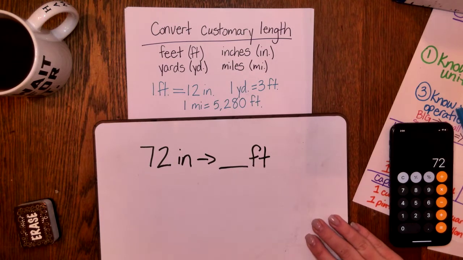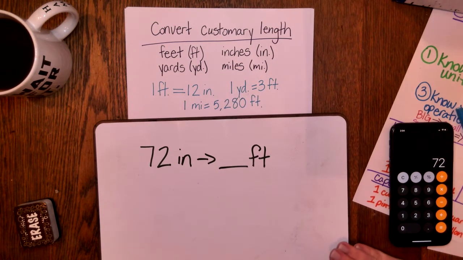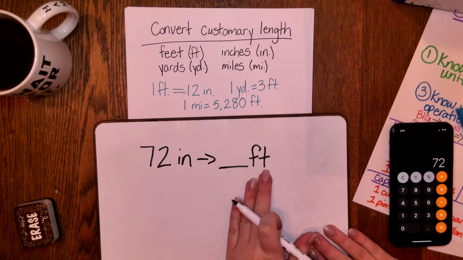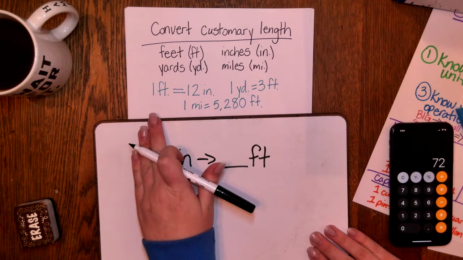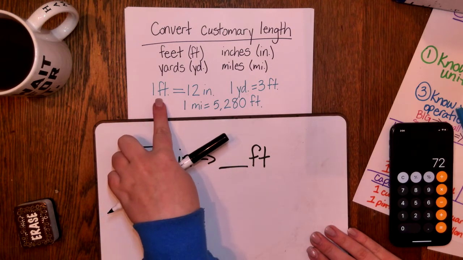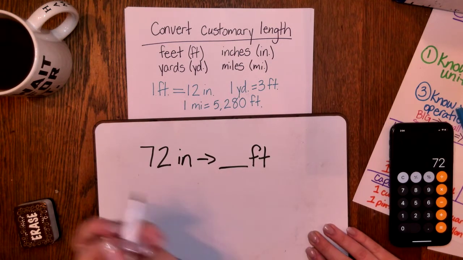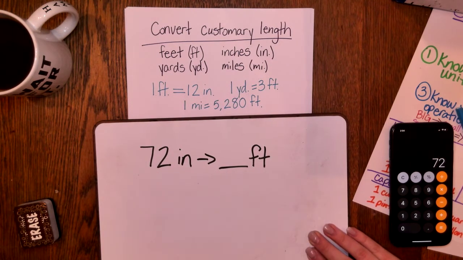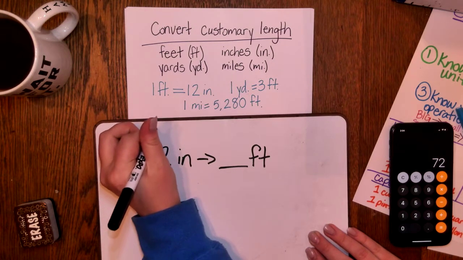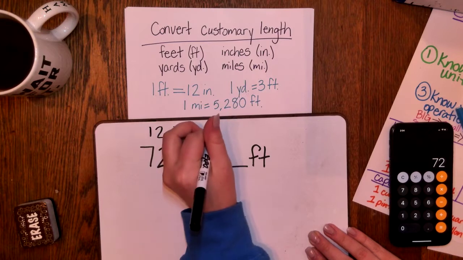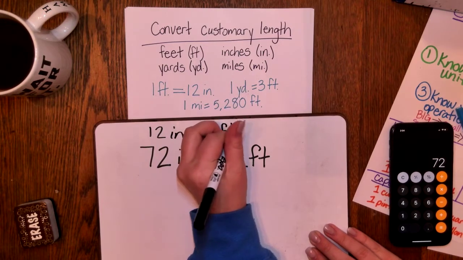Well, the first thing that I have to focus on is knowing my unit. I know that I'm going from inches to feet. And using my chart, I know that for 1 foot, there are 12 inches. So if I'm going to write it like this, I know that there are 12 inches in 1 foot.